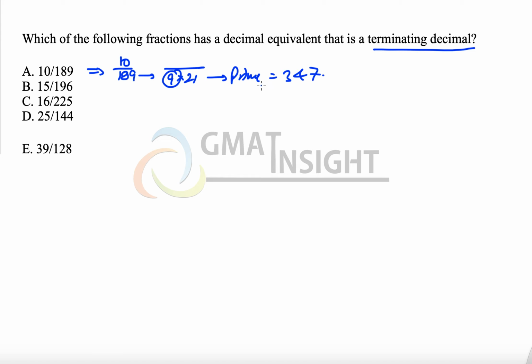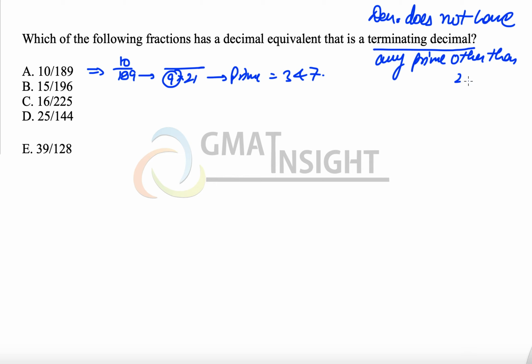Although we are not concerned about how many, we are concerned about whether any fraction has any prime factor other than 2 and 5, because a fraction is non-terminating only if the denominator has any prime factor other than 2 and 5, and it will be terminating when the denominator does not have any prime other than 2 and 5. So that's the condition for the fraction to be a terminating decimal.